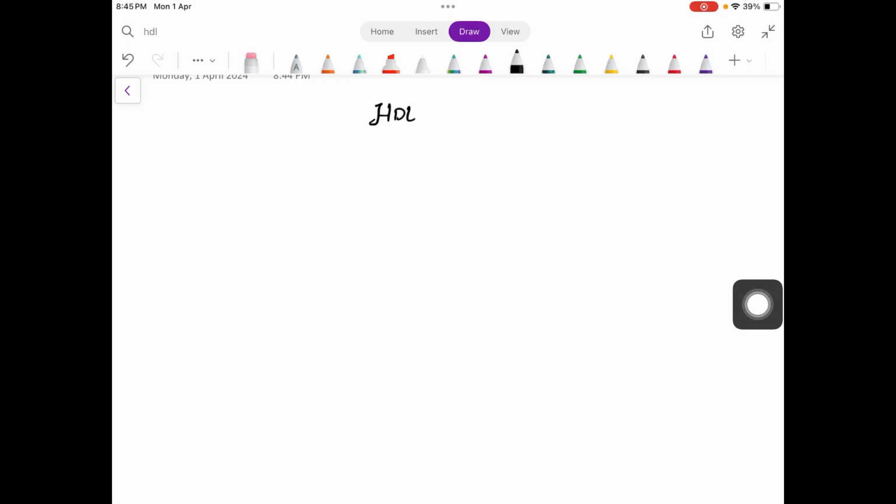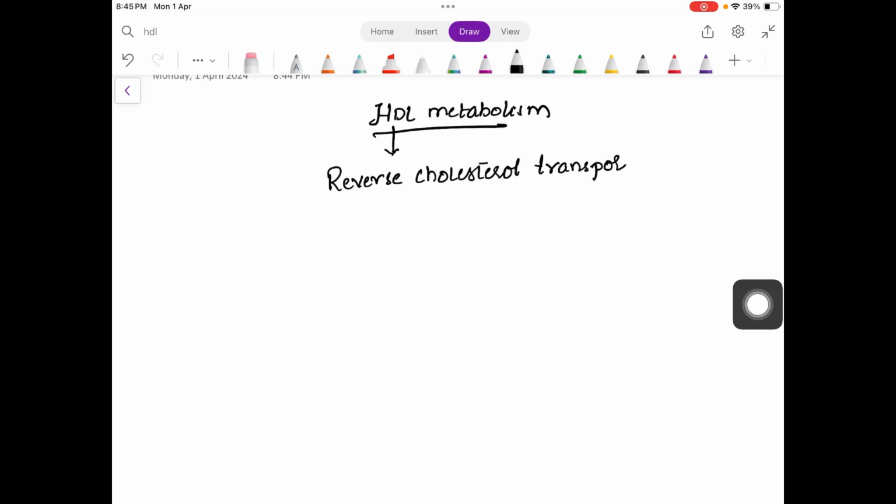In this class, we'll discuss HDL metabolism. This HDL molecule will help in reverse cholesterol transport. In reverse cholesterol transport, cholesterol will be transported from peripheral tissues to the liver, and in the liver this cholesterol will be metabolized and form bile acids and bile salts, and these are excreted through bile.